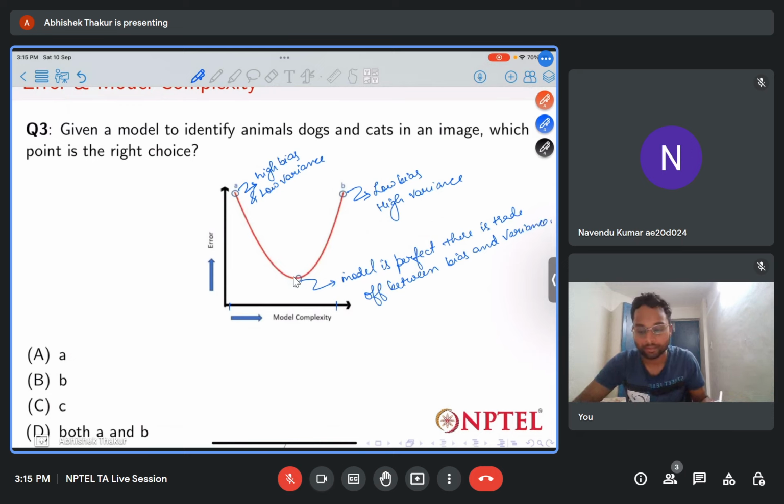Okay. So any doubt in this? So the correct option is, point A is wrong because it has a very high bias. At point B, that is also wrong because it has a very high variance. Point C is optimal and that is correct, and both A and B are wrong.